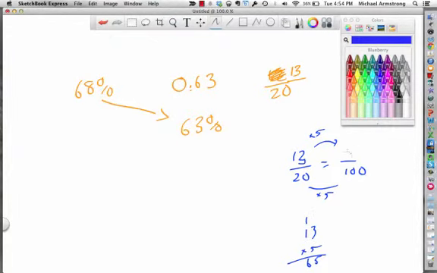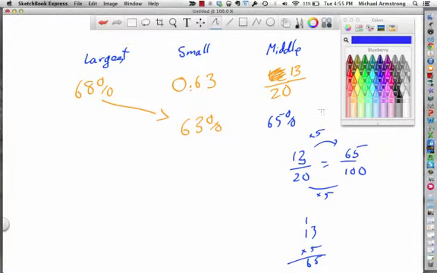So this is 65 over 100, which means that it's 65%. And now we got an order from least to greatest. This one is the smallest. And this one is the middle. And this one is the largest.